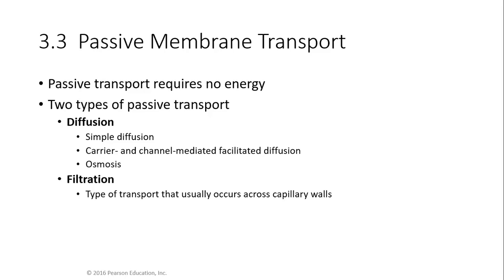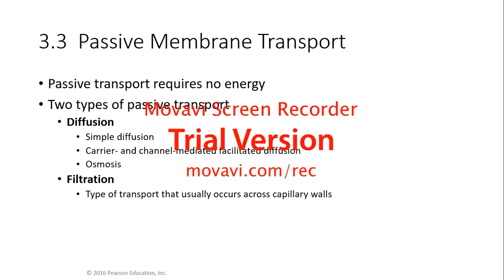What do you do? You open the window. And why? Because without even thinking about it, the smoke, which is highly concentrated within your house, when you open that window is going to diffuse to where it's low concentrated, which is outside the house, until equilibrium is reached. But because outside is so big compared to your house, when equilibrium is reached, there's essentially not going to be any smoke in your house.